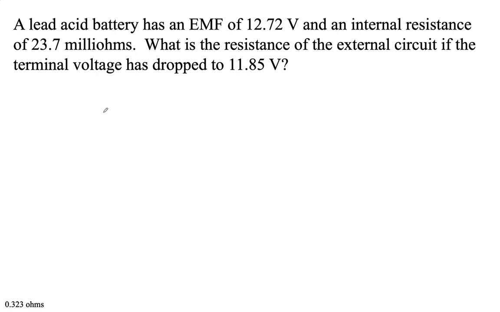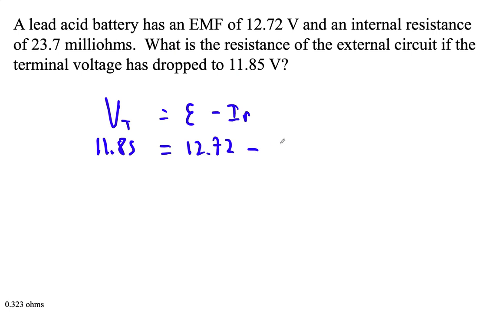Let's just go back to our idea that the terminal voltage is EMF minus I times r. So now we can go 11.85 equals 12.72 minus the current times 0.0237.